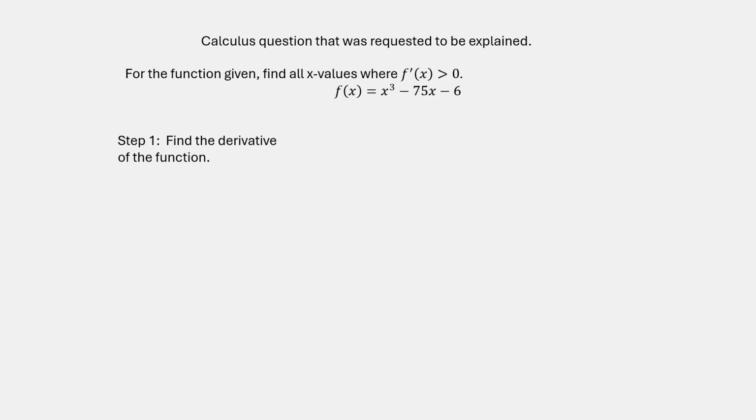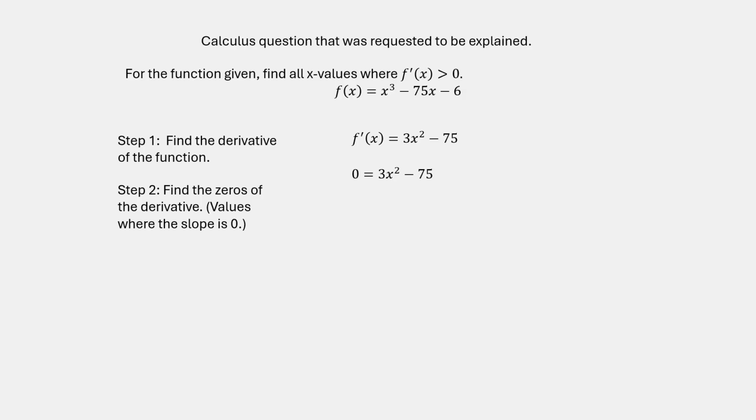And if it has no exponent, the variable disappears. If there's no variable, it's 0. So the derivative of our function is f prime of x equals 3x squared minus 75. Once we're there, find the zeros of the derivative. Find out where the slope is 0. So we set this derivative equal to 0 and solve it.